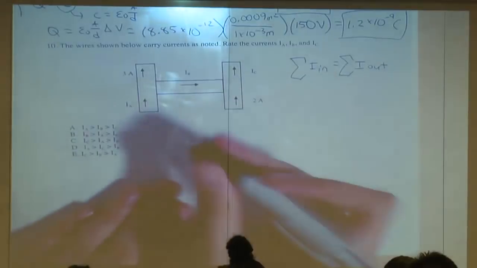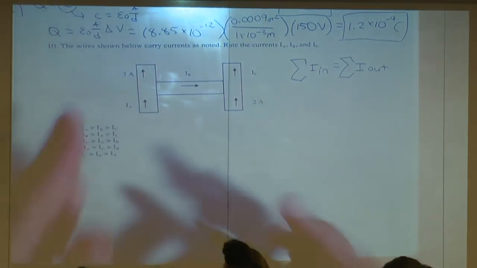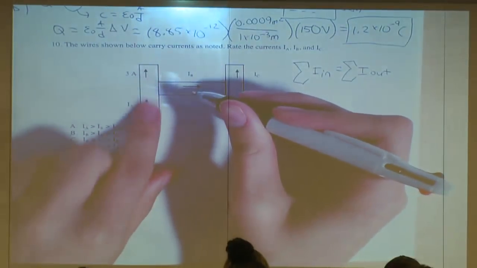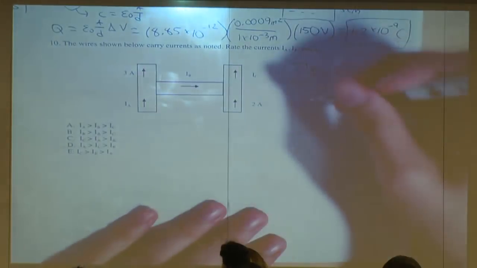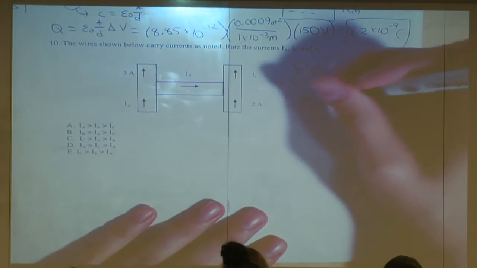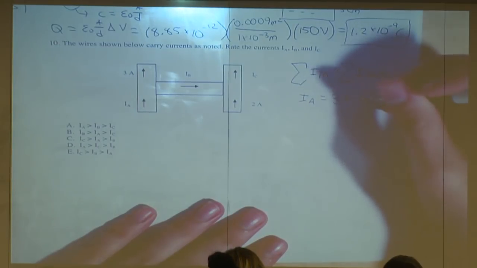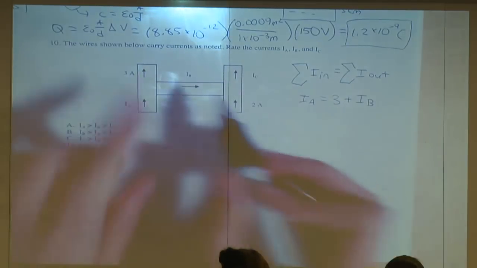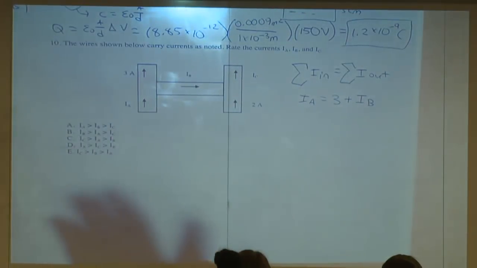To me, it looks like IA is going in, and then these two here are branching out of IA. So I'm just going to write IA equals 3 plus IB, because IA is going in, and then we have the 3A plus IB going out. Does that make sense to everyone?